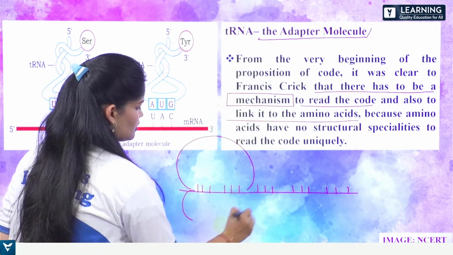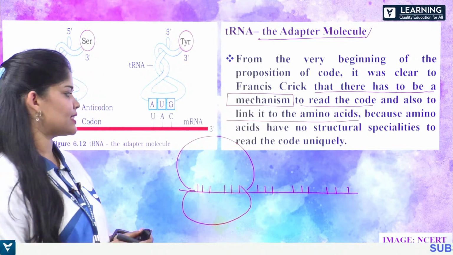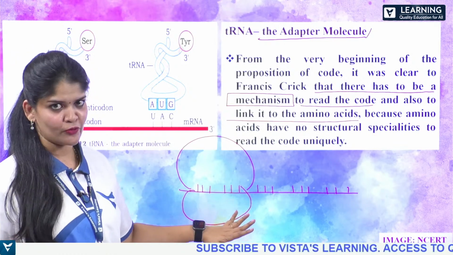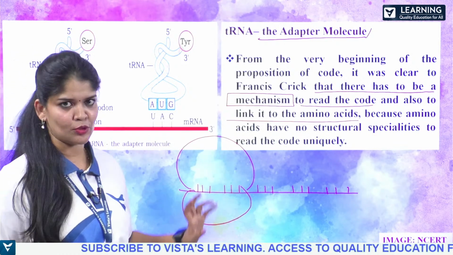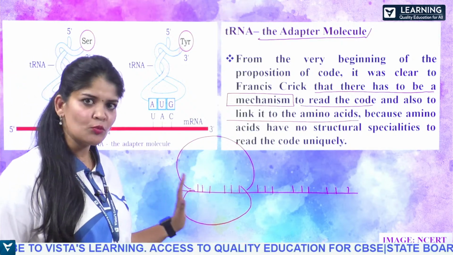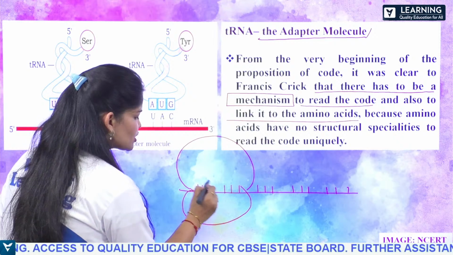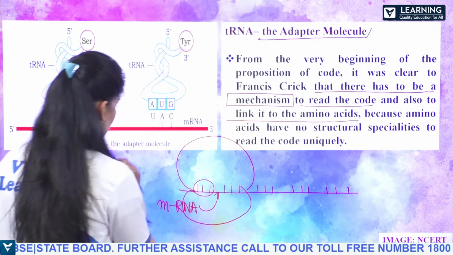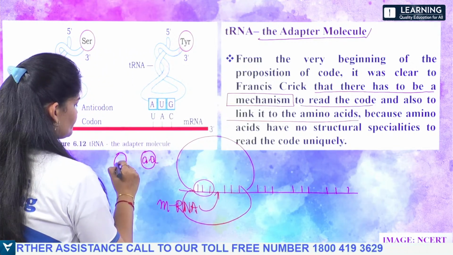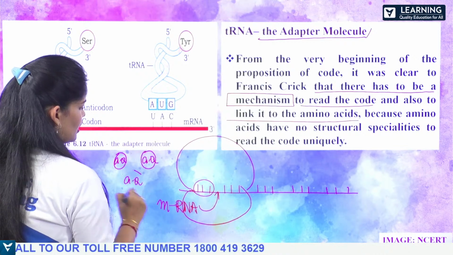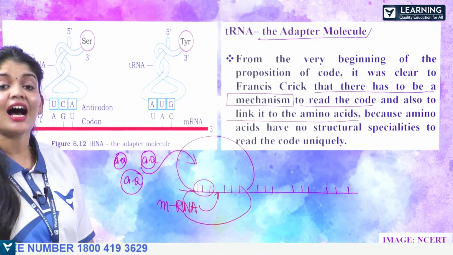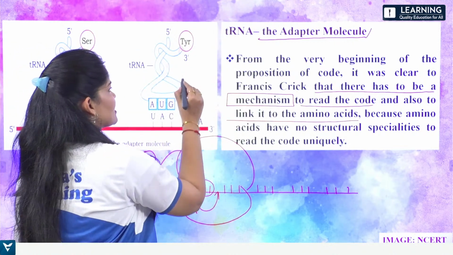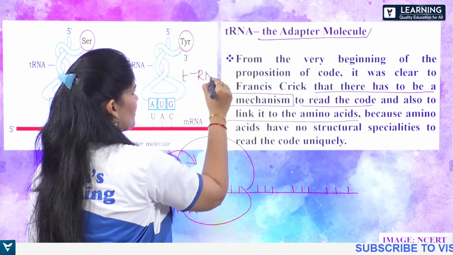The smaller subunit of the ribosome and the larger subunit of the ribosome attach to it. This mRNA is attached to the smaller subunit of the ribosome, and then it will get attached to the larger subunit. While this movement is happening, according to the codons present on the mRNA, the amino acids present in the pool have to be brought to the site, and that work is done by the tRNA, what we call transfer RNA.